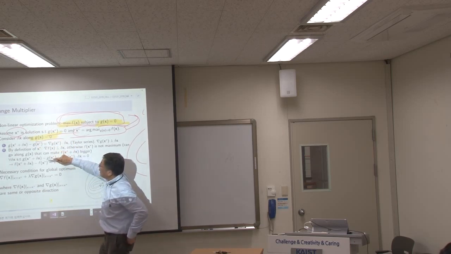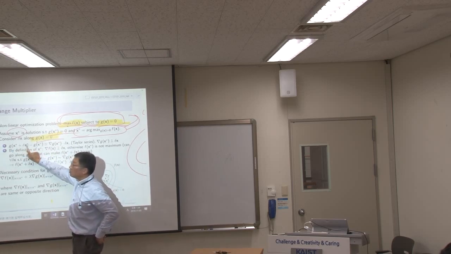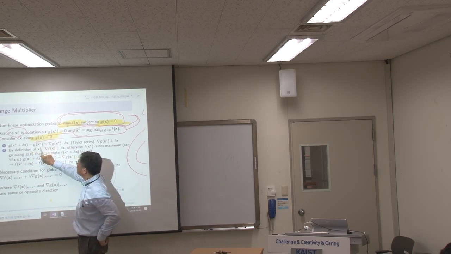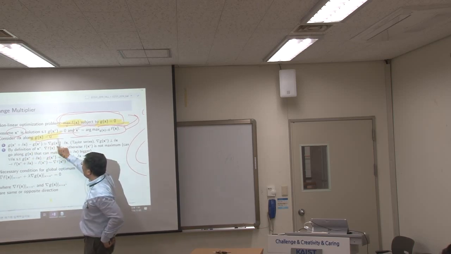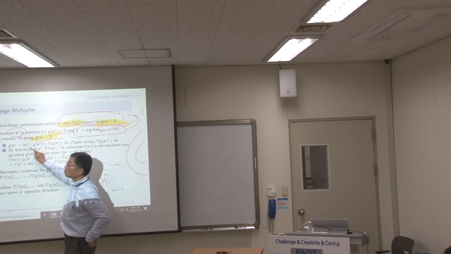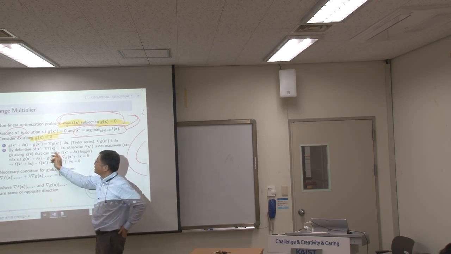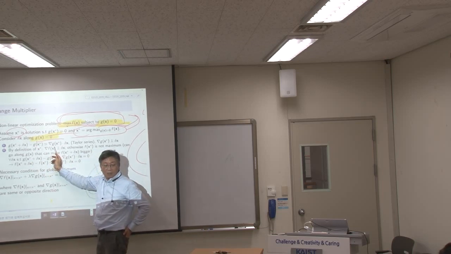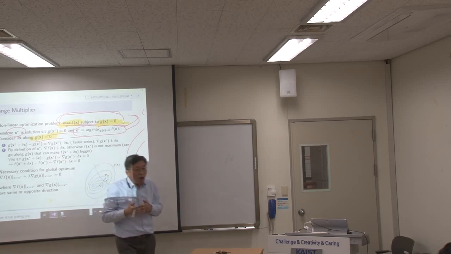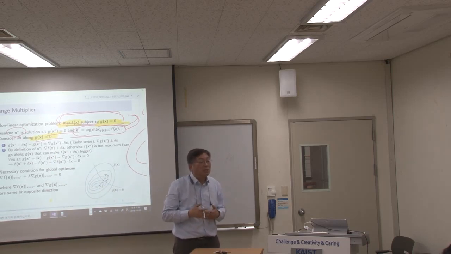If I use Taylor's series to represent this, it equals that plus that times delta x. That's Taylor's series, right? So this value is equal to 0, so the gradient times the step going along the contour is equal to 0.